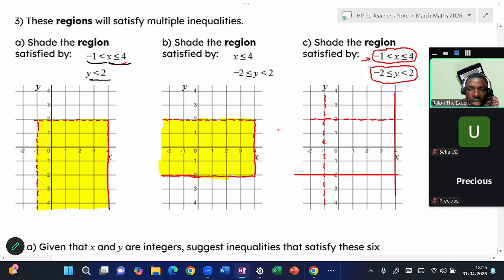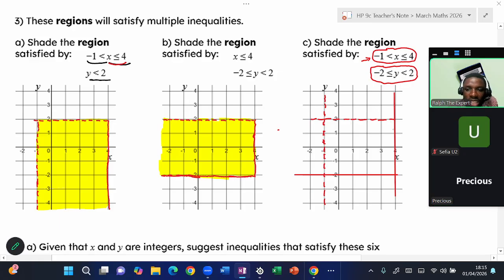So where do we shade? From x equals -1 to x equals 4, and from y equals -2 to y equals 2.